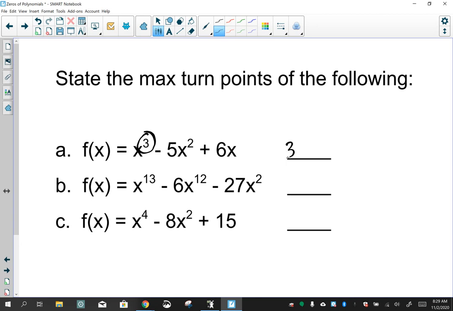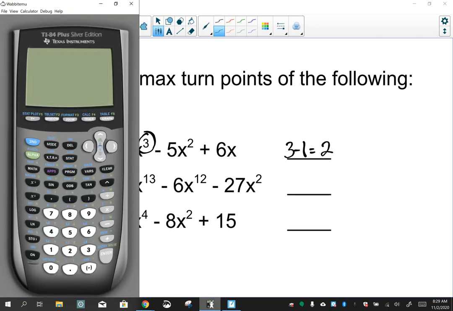I'm going to say 3 minus 1, and that's going to give me 2. This is x cubed minus 5x squared plus 6x. You'll notice we have 2 turn points here.